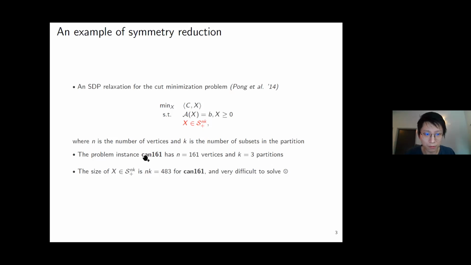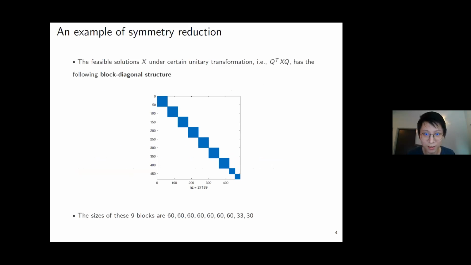If you pick a graph called CN161, you've got 161 vertices, and if we are looking for 3 partitions, then this results in an SDP relaxation whose size is nearly 500. This is very difficult to solve. It crashes your machine right away, actually, because of the memory demands by interior point methods.